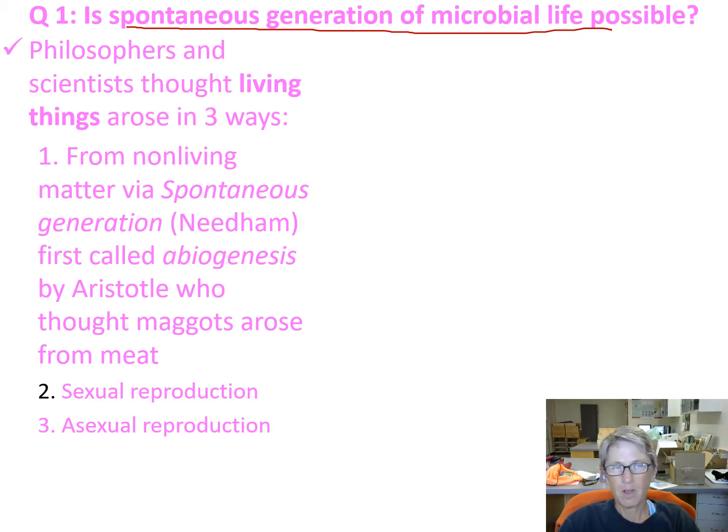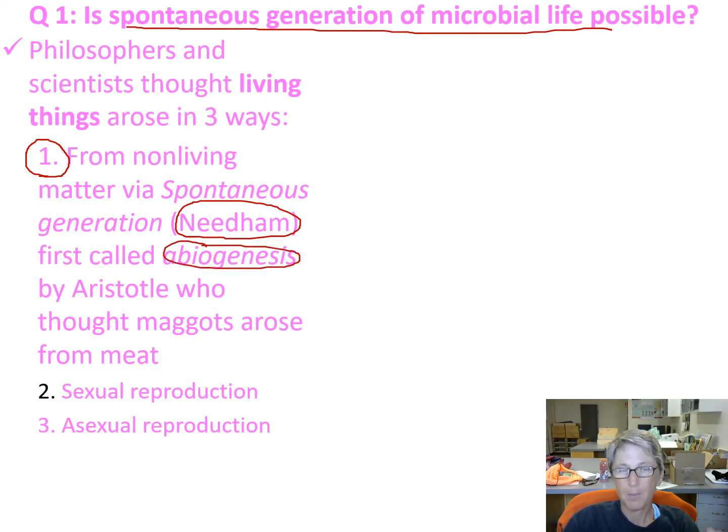So philosophers and scientists in the olden days thought living things came about in 3 ways. So spontaneous generation, I think Needham was the first person to use the term spontaneous generation, but Aristotle had the first notion, at least written down notion, of spontaneous generation. He called it abiogenesis, but it's the same thing. Spontaneous generation, abiogenesis is the same thing.